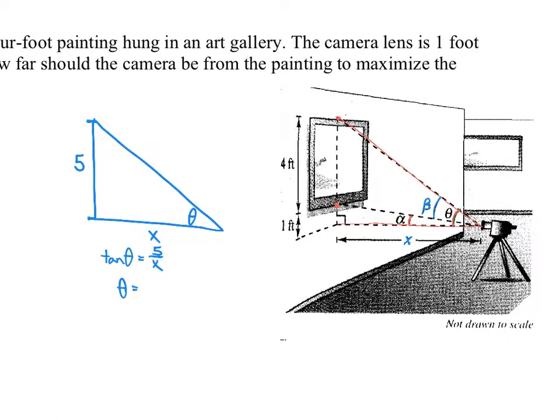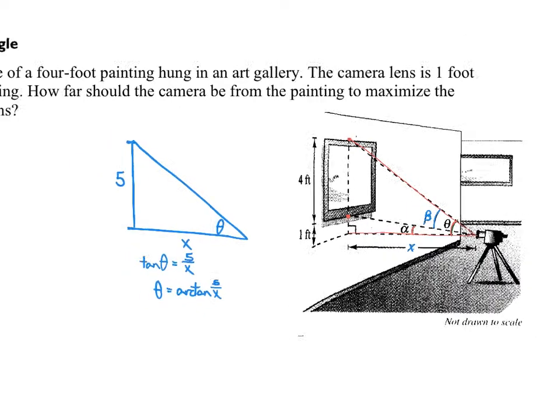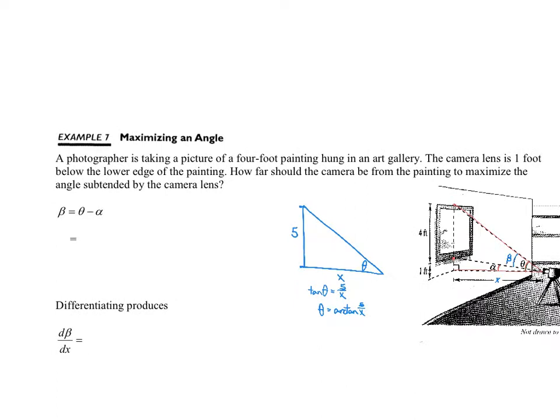So theta is arctangent of 5 over x. Okay? So now if we're trying to write this beta as a function of x, we already have part of it. We have arctangent of 5 over x. Now we need to subtract alpha from that.